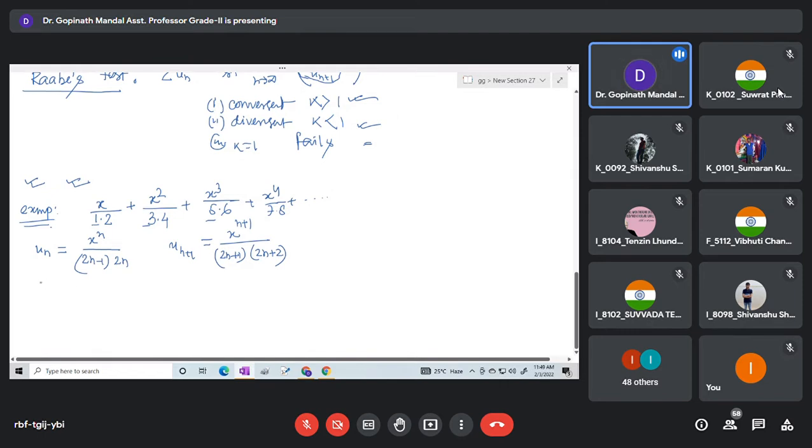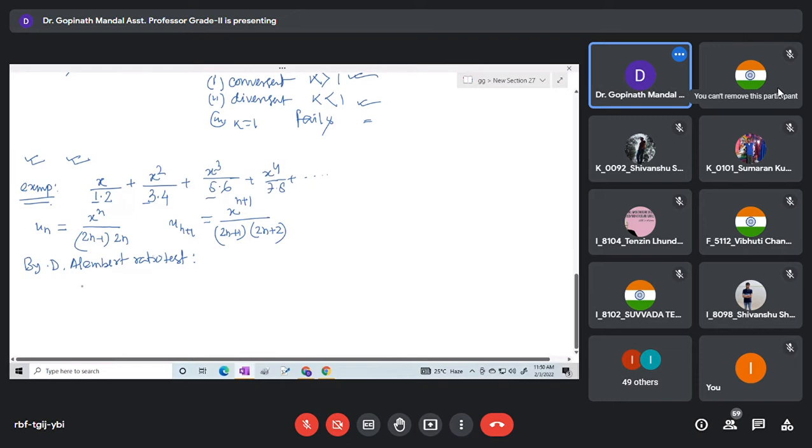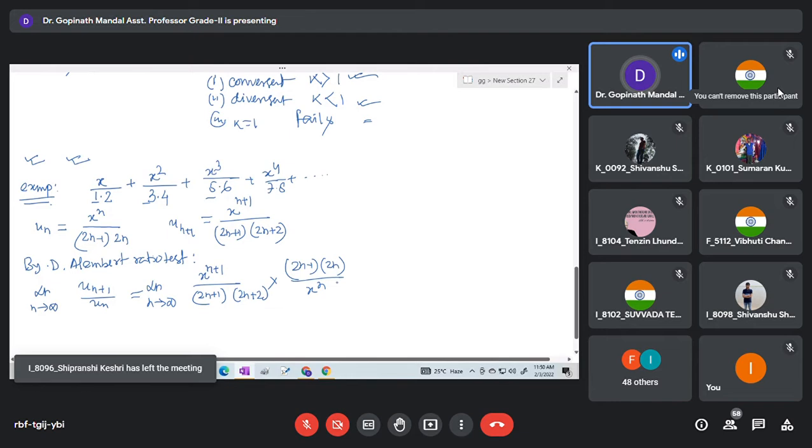Now by D'Alembert ratio test, limit n tending to infinity of un plus 1 by un equals x to the power n plus 1 by 2n plus 1 into 2n plus 2, into 2n minus 1 into 2n by x to the power n.